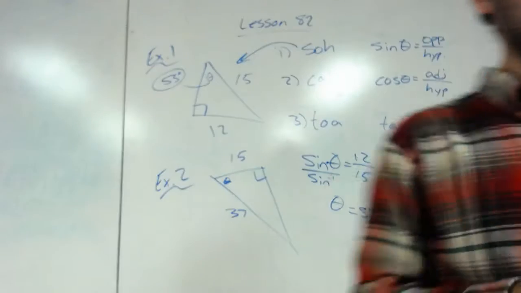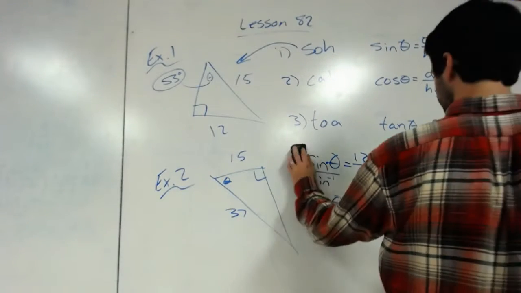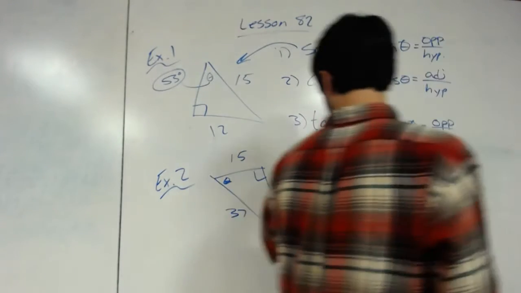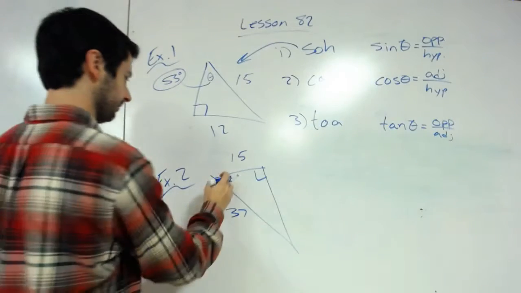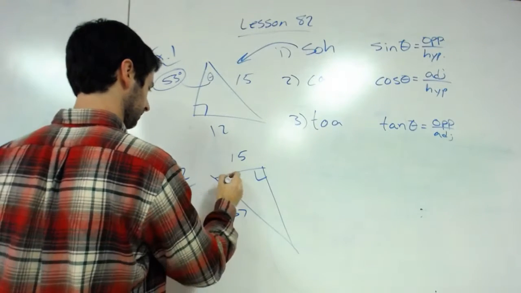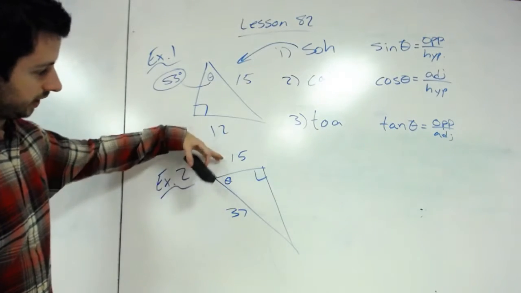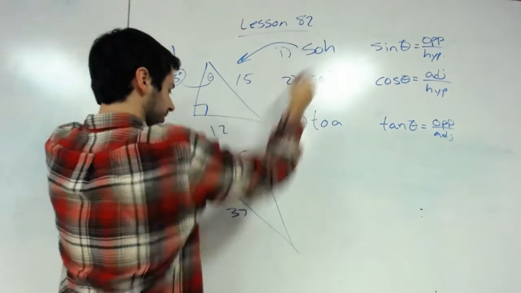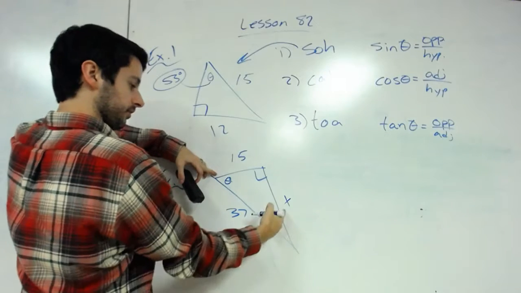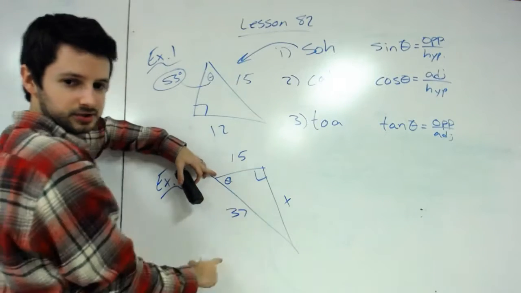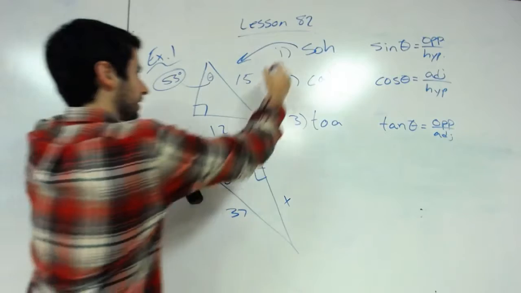We'll do one more. We want to find theta in this one. So from theta, do we use opposite over hypotenuse? No, we could find x, but we can just use the two we have. So we're not going to use sine.